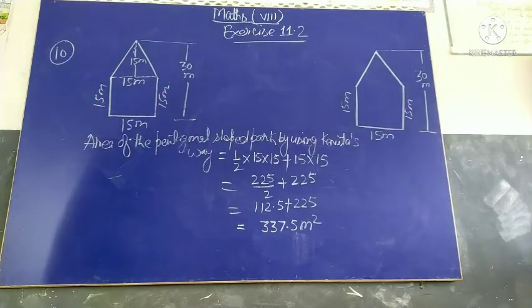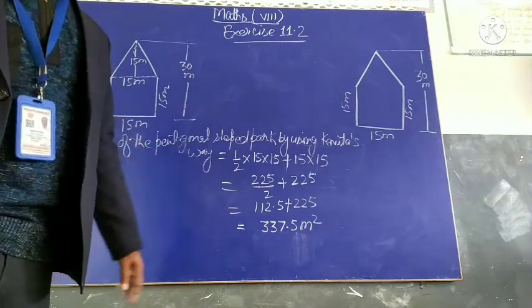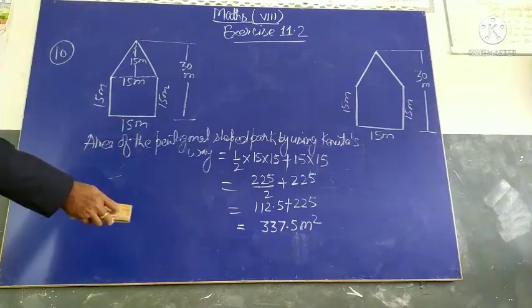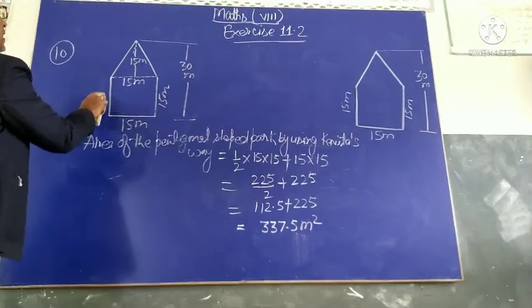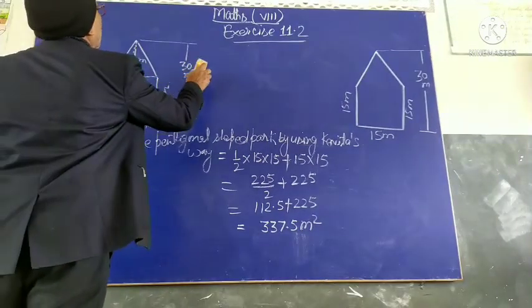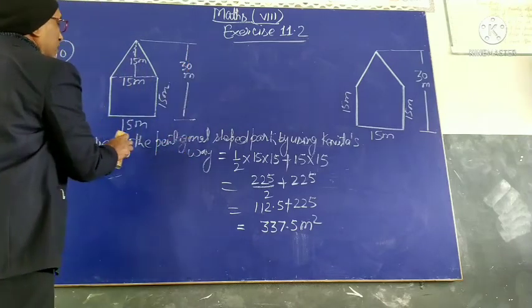This is the area of the pentagonal shaped park by using Kavita's way. We have also another way to find this area.